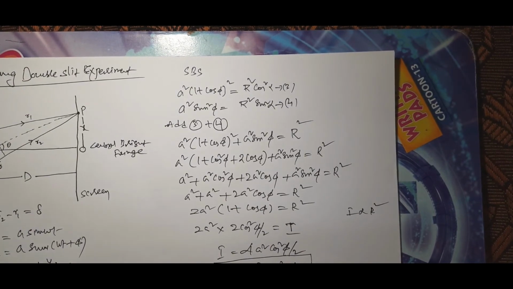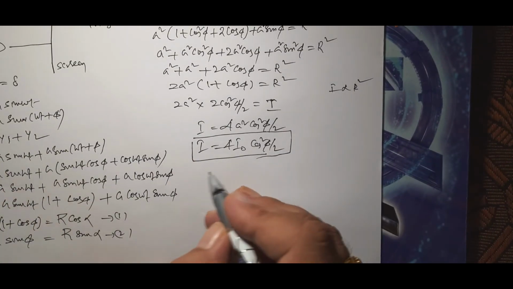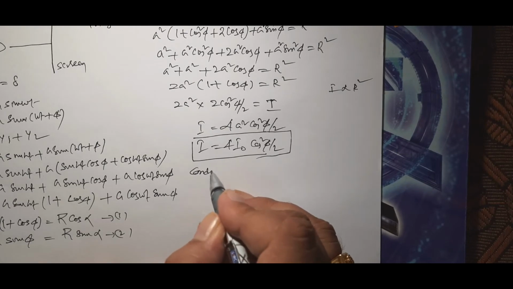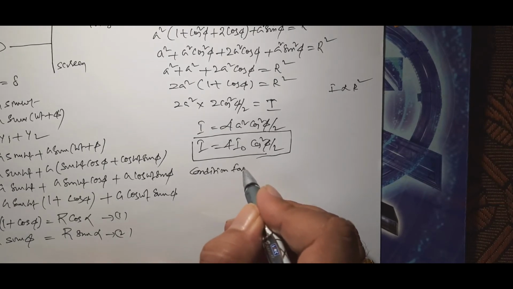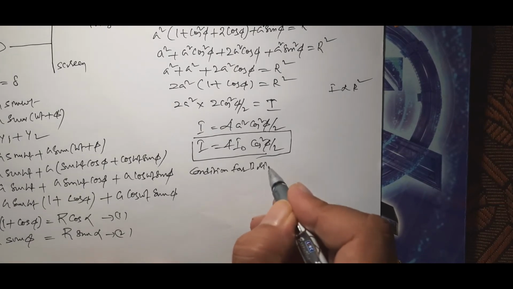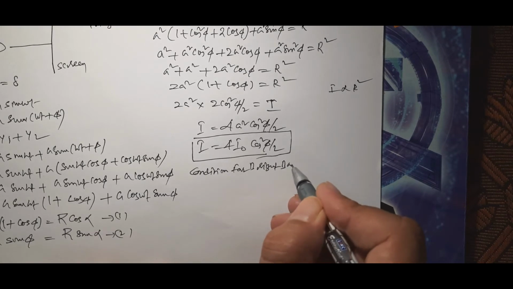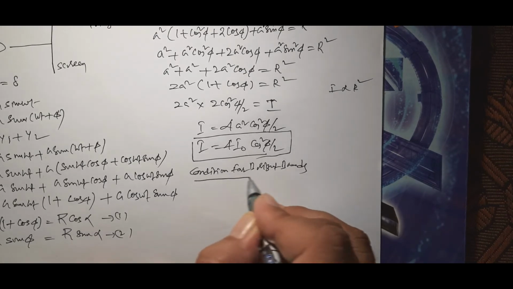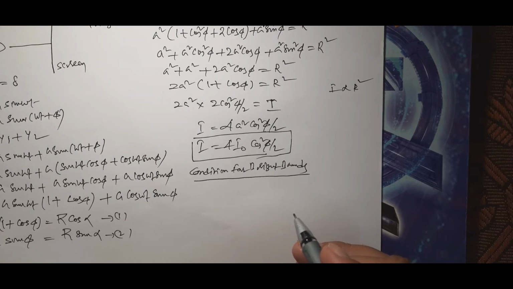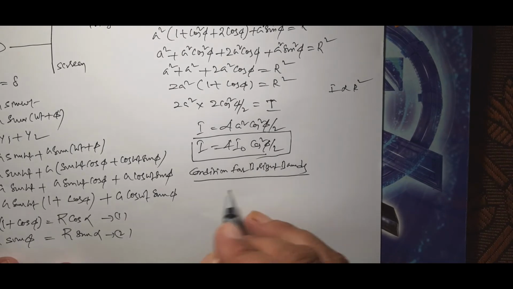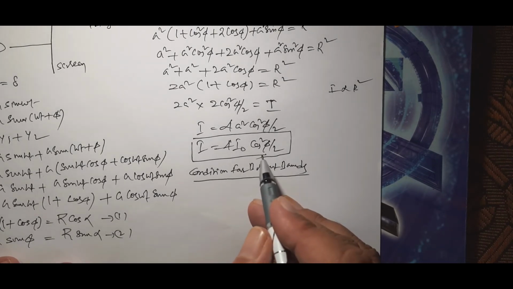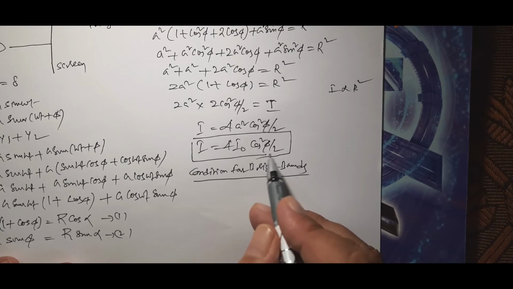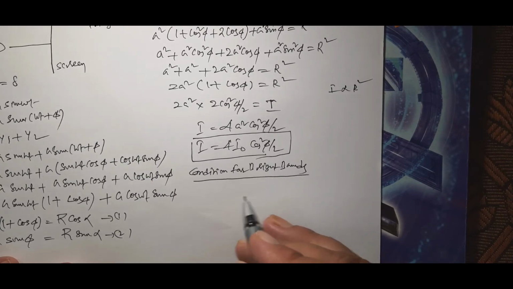Now we are going to discuss the condition for bright bands. To obtain a bright band, the value of cos²(φ/2) becomes 1.